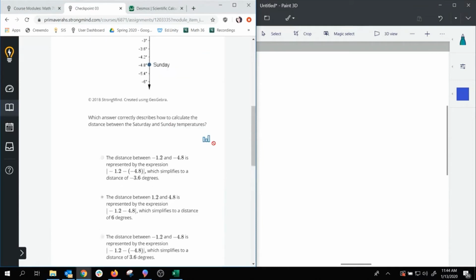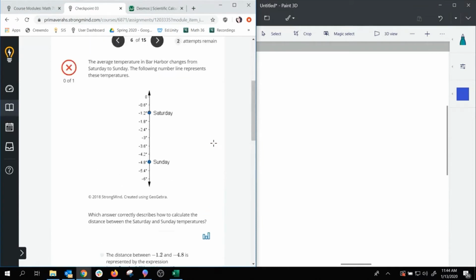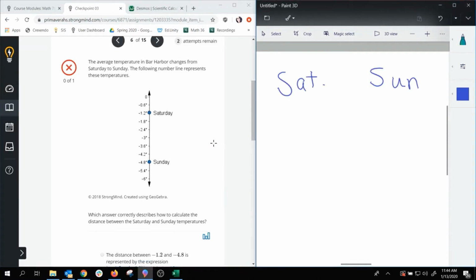Okay. And we have Saturday and Sunday. So what was the temperature for Saturday? Negative 1.2, perfect. And what was the temperature for Sunday? Negative 4.8, beautiful.